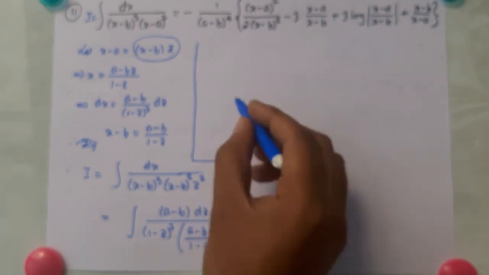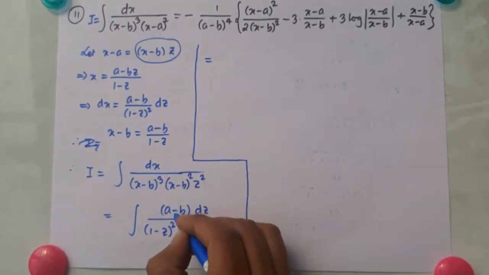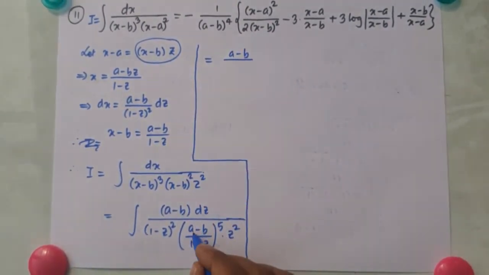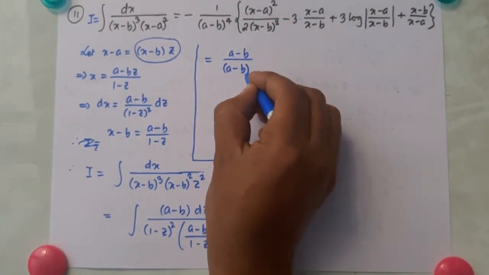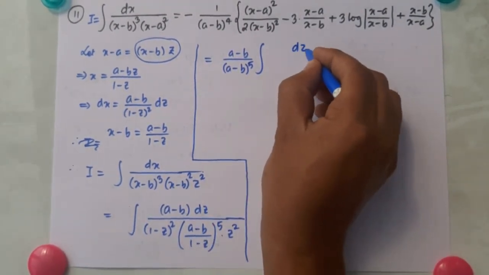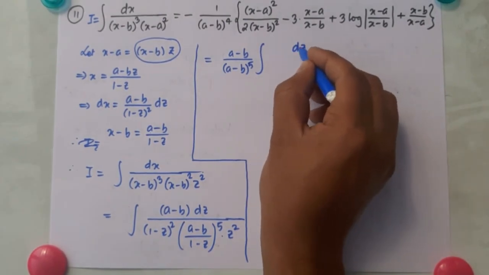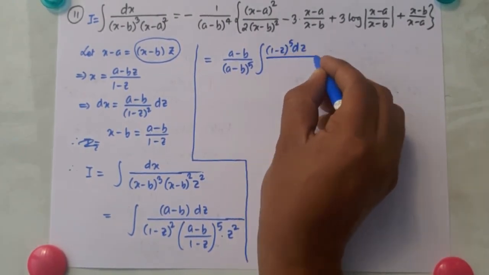So let me write this integral as, this a minus b is there, isn't it? So a minus b can be kept outside, and similarly you have got a minus b whole to the power 5 can be kept outside. So a minus b whole to the power 5, integral, so you have got dz, 1 minus z whole to the power 5 goes to the numerator.